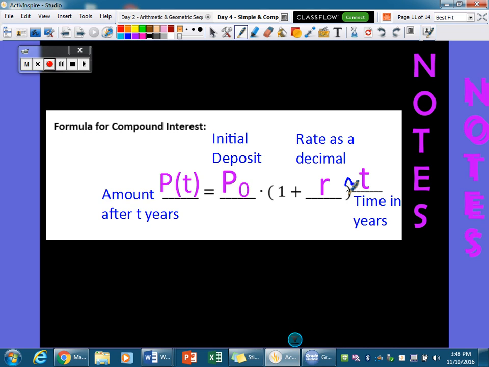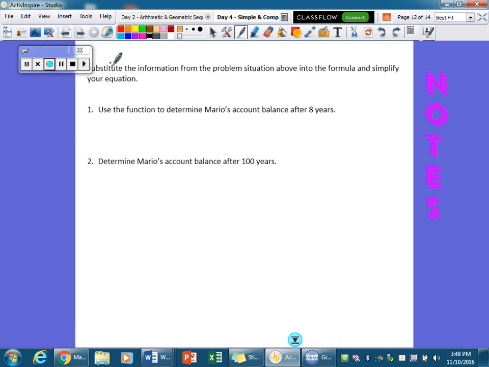So let's do a problem together. It says substitute the information from your problem situation into a formula and simplify. Remember what we have. We have 1,000 as our initial and 0.05 as our rate.